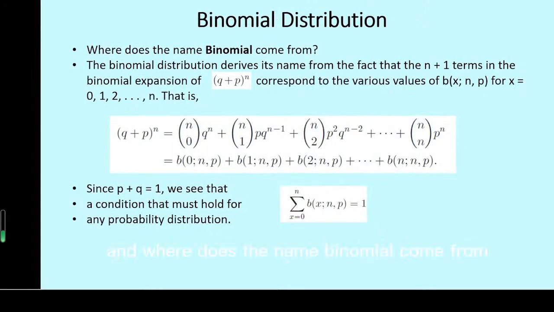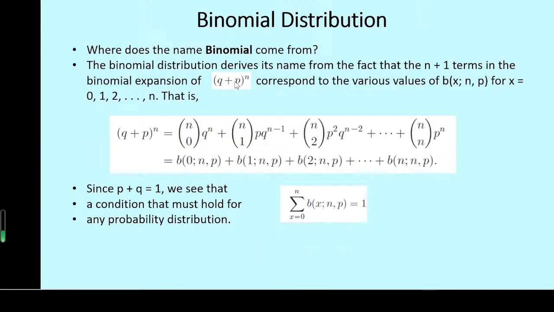And where does the name binomial come from? The binomial distribution derives its name from the fact that the n plus 1 terms in the binomial expansion of (q plus p) to the power n correspond to its probabilities.